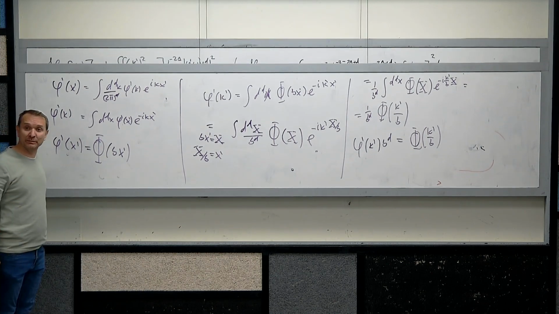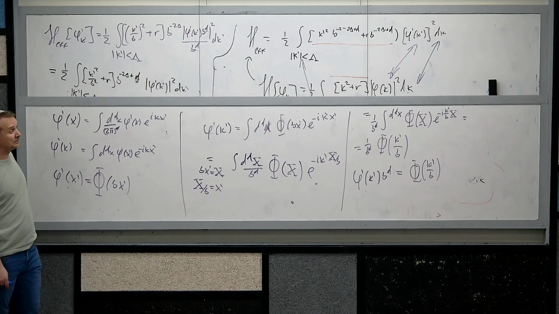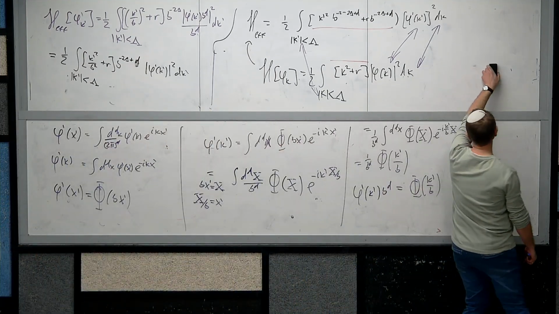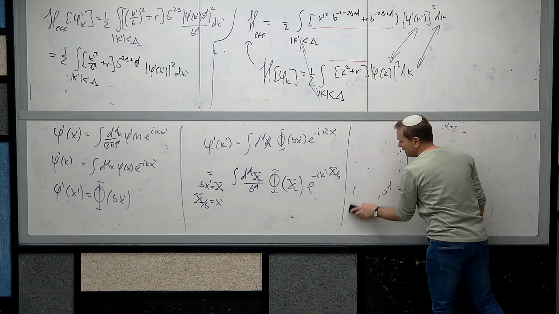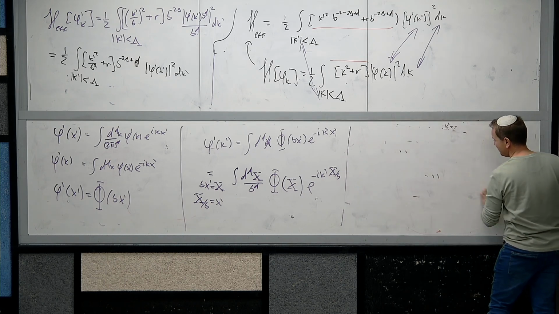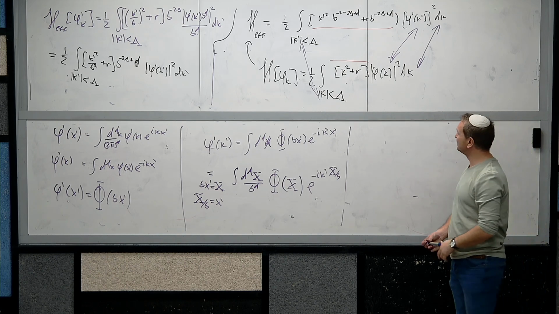And I have a free parameter. The free parameter is this delta. I haven't decided what delta is. Right? Now, in the last two or three minutes, that's the time to choose delta.